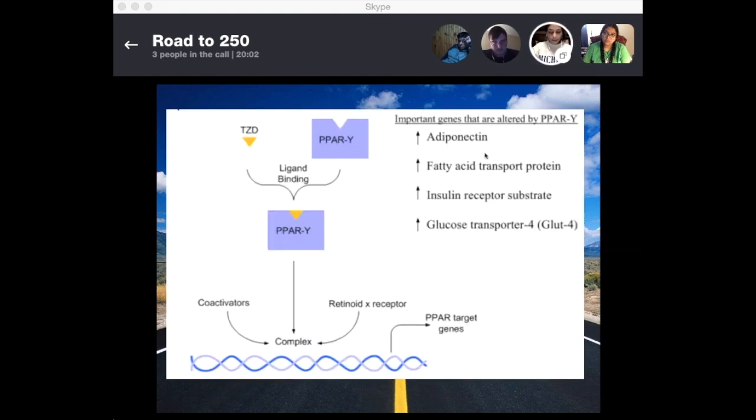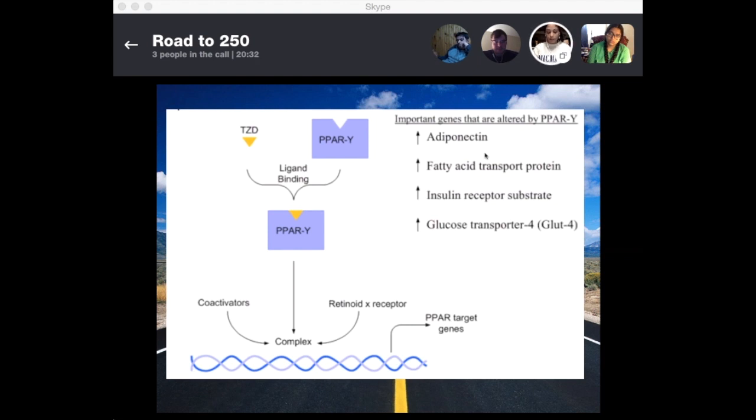And then to give a better idea about its mechanism of action, thiazolidinediones decrease insulin resistance by binding to the PPAR gamma receptor, which is a transcriptional regulator of genes involved in glucose and lipid breakdown. So when the thiazolidinedione binds to the PPAR gamma receptor, it causes a conformational change.